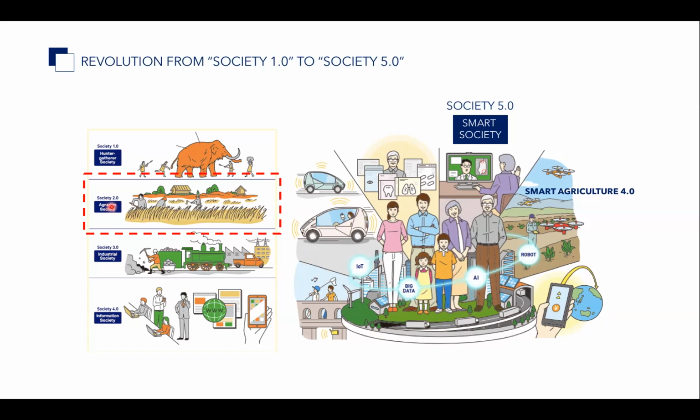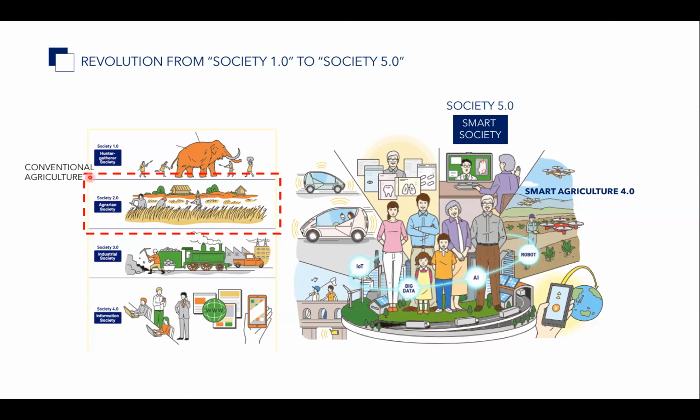But in society 2.0, we know that we have an agrarian society. Once again, that's the difference: society 2.0, the agrarian society, compared to society 5.0, the smart society and smart agriculture.